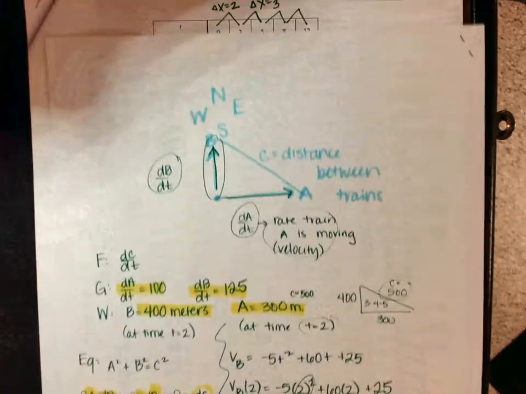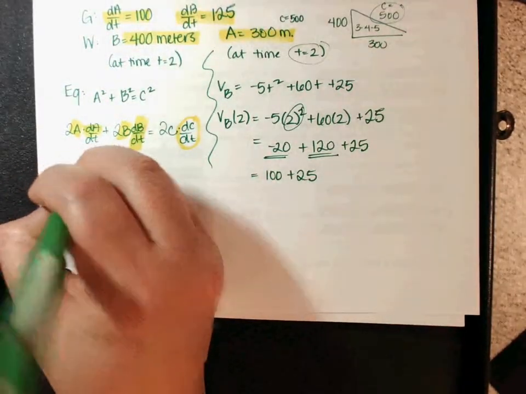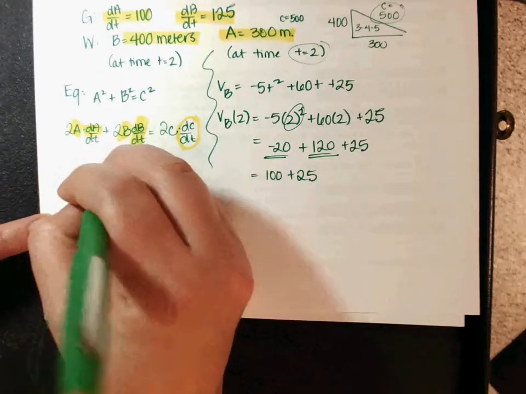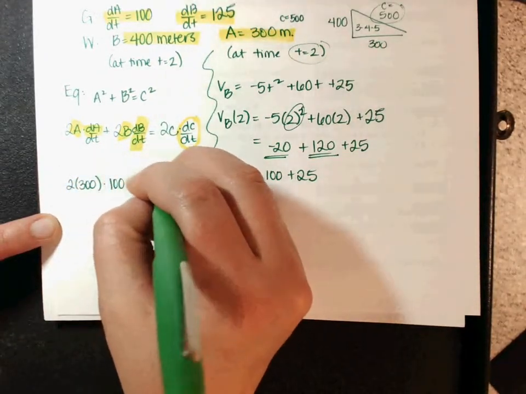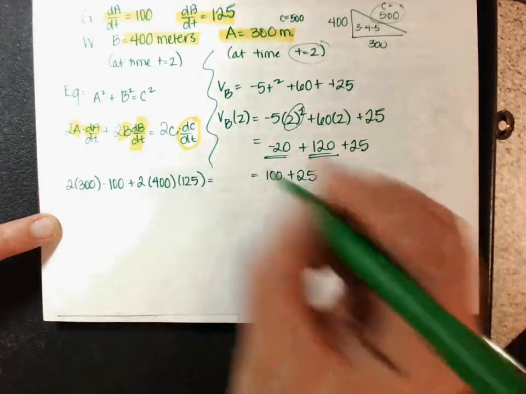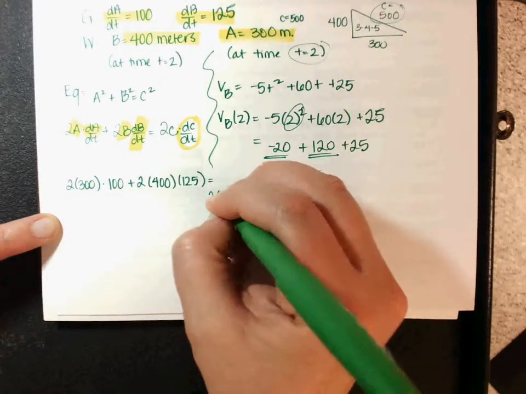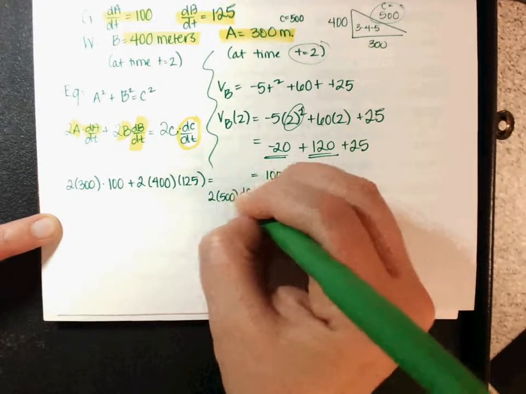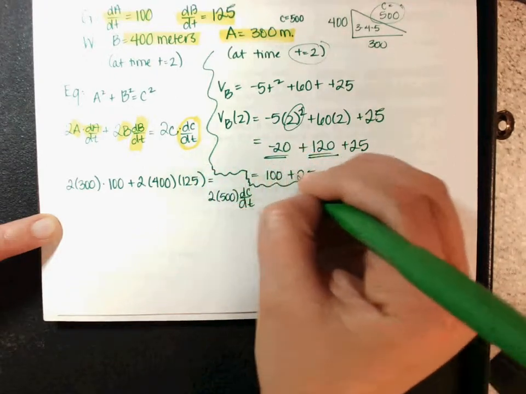So let's plug stuff in. So 2 times A times dA dt plus 2 times B times dB dt equals, oh no, 2 times C, which was 500, and then dC dt. You like that?